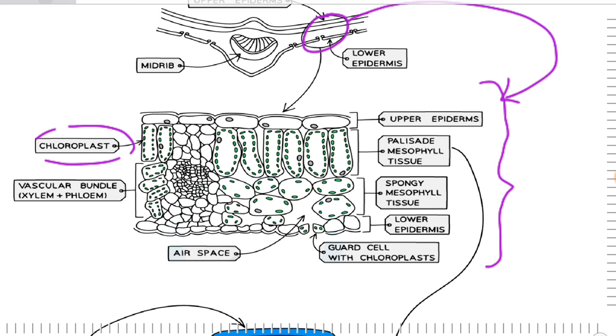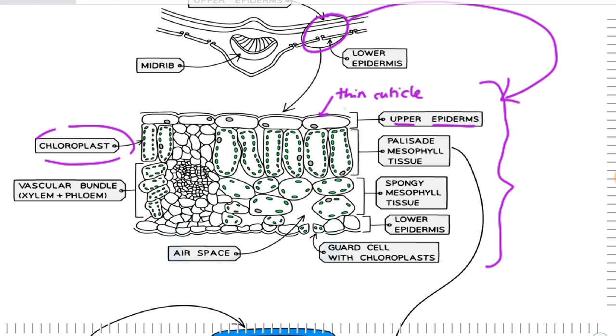Then from there we go up here, where we have what we call the upper epidermis. And from the upper epidermis, we have this layer here. It's called a thin cuticle.